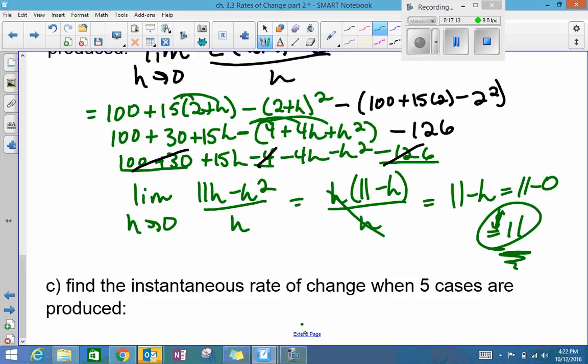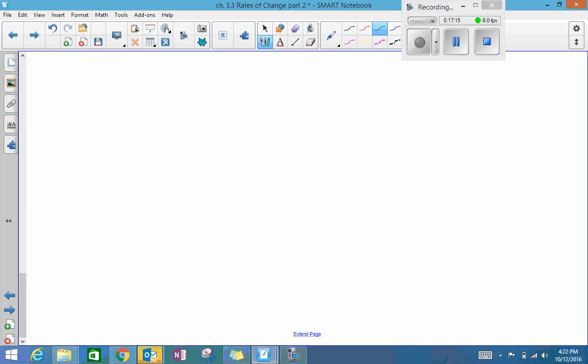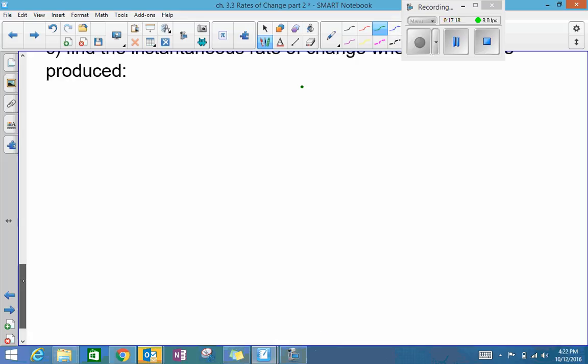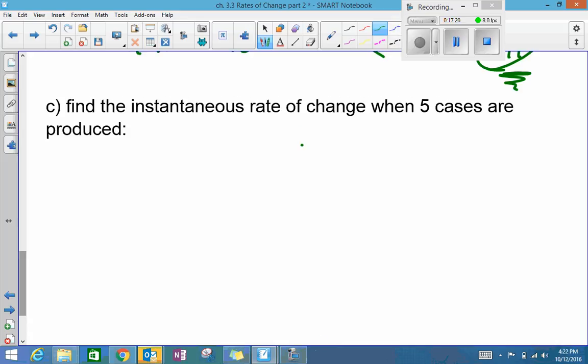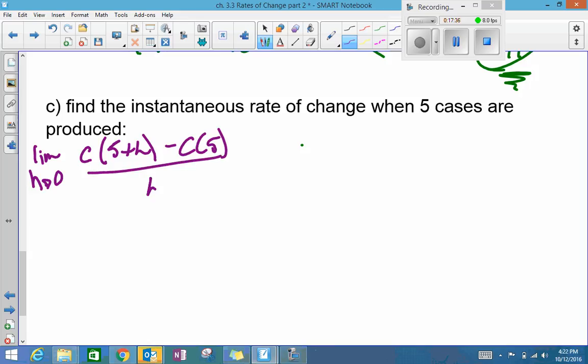Okay, so again, we do the same formula for x equals 5. So we're going to say the limit as h approaches 0 of c of 5 plus h minus c of 5 all over h.